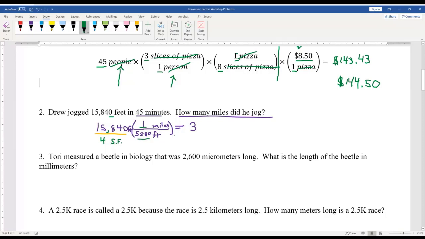And because this is 4 significant figures, my answer must also have 4 significant figures. So I would end up writing this as 3.000. In this case, these trailing zeros are significant because there is a decimal point. It's 3.000 miles.